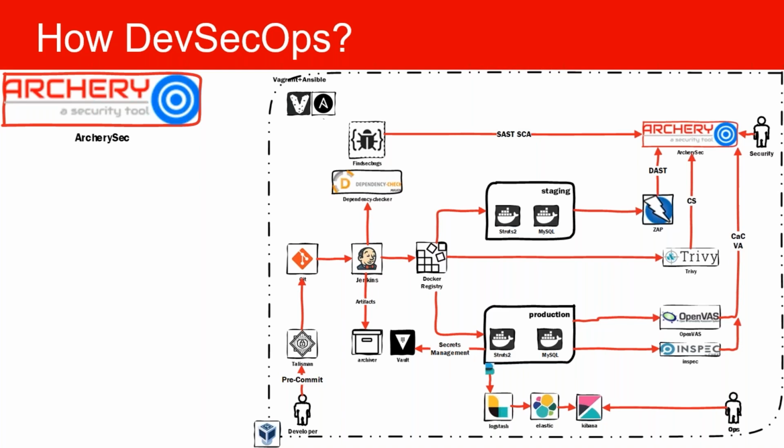Hence, it is extremely important to normalize the data that is coming out of these tools and store it in a single place, in a single application. And one such application that has been designed for this sole purpose is ArcherySec, which basically ingests data from all these tools that we've discussed so far and shows us in a very nice dashboard manner.